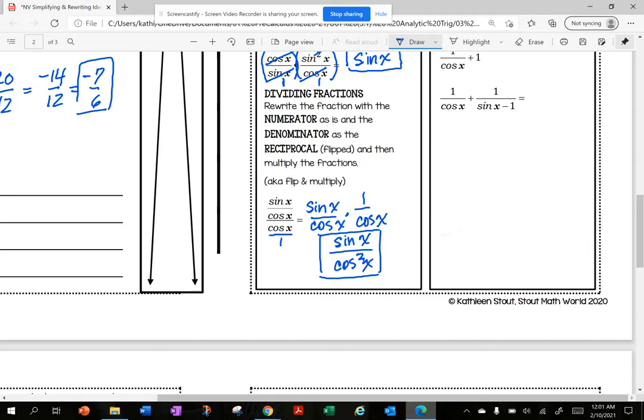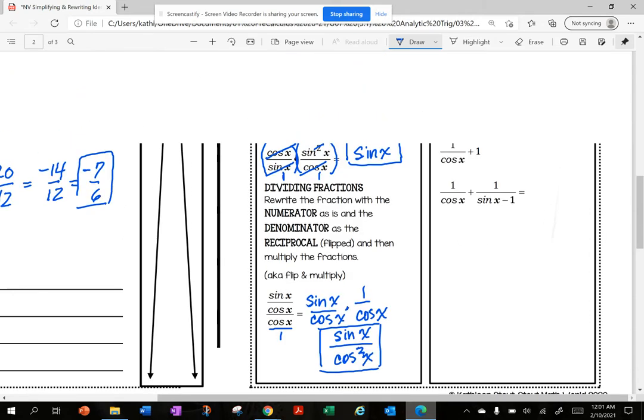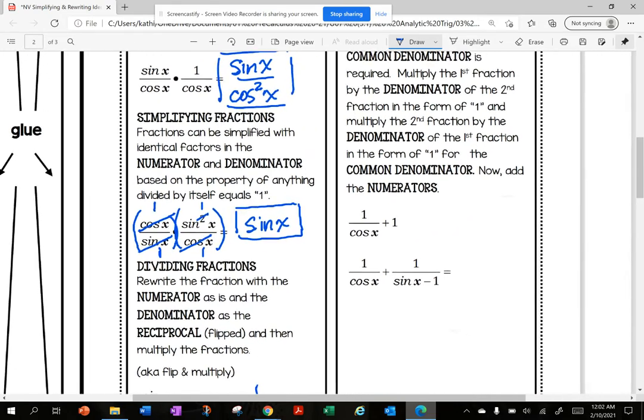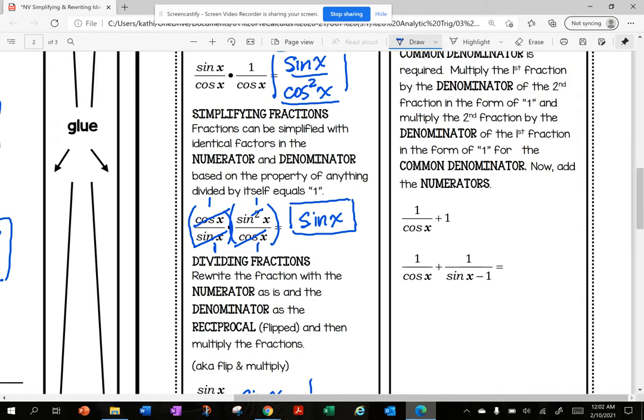Okay, so adding and subtracting. These are a little bit more work with the denominators. So I need to have a common denominator. So let's look. So cosine of x is the common denominator. So I'm going to multiply times cosine over cosine.